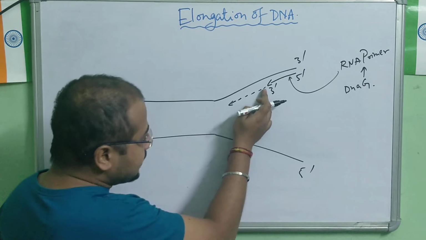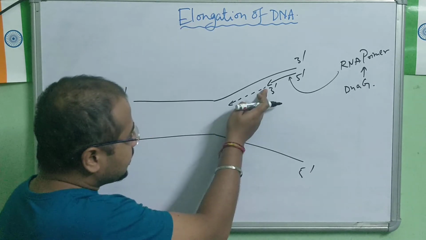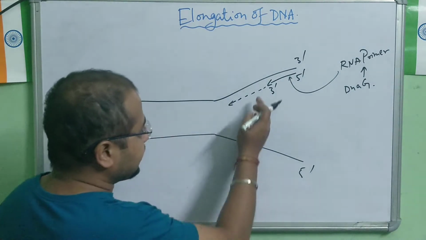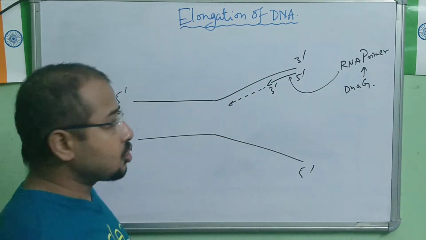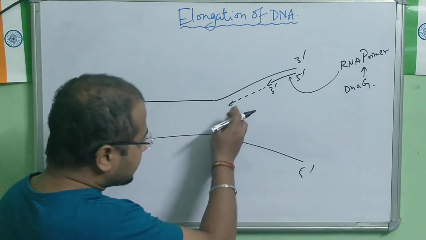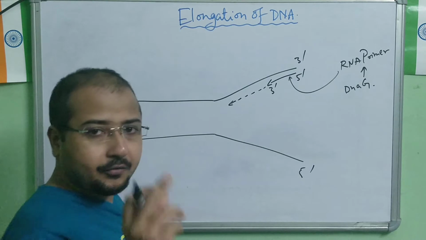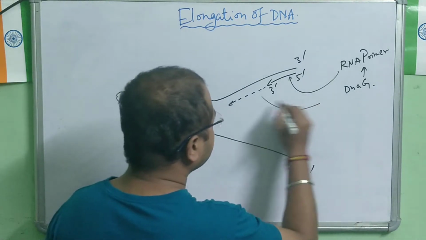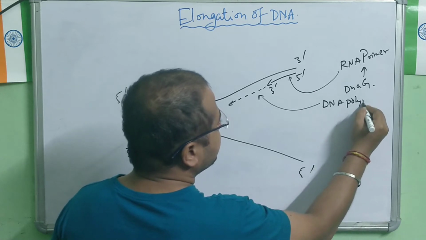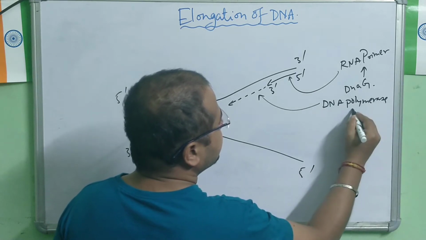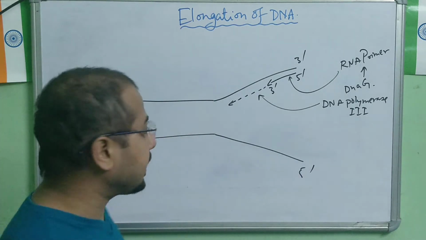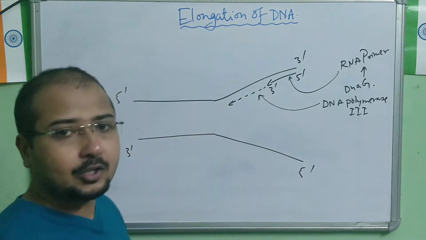From here the DNA nucleotides start forming. The polymerization of the DNA strand starts from here. Understood? The deoxyribonucleotides come and join here with the help of an enzyme known as DNA polymerase 3, which helps in polymerizing the strand of DNA.